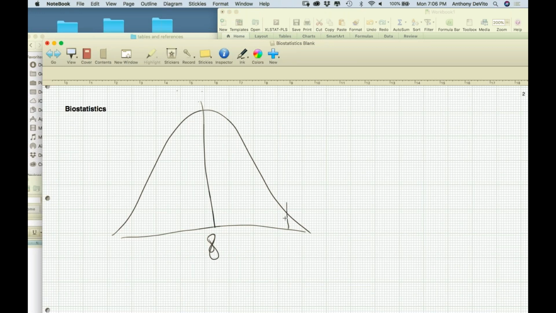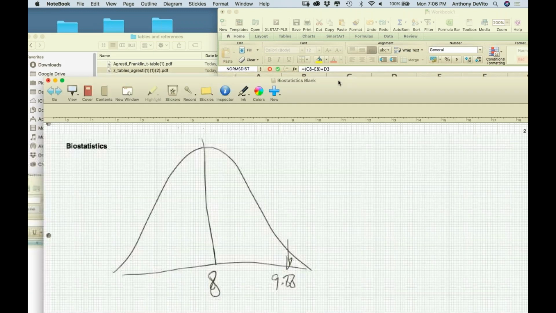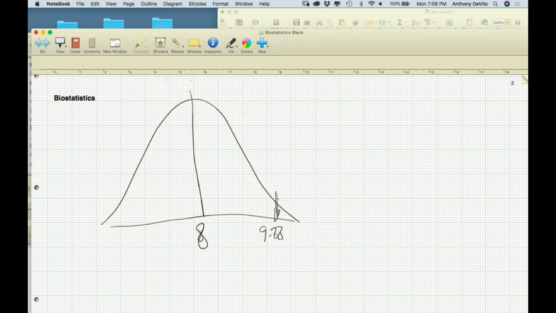That mean is going to occur right here, at 9.88. How far is that from 8? What's the probability of my getting that extreme of a value if these two populations have the same mean?